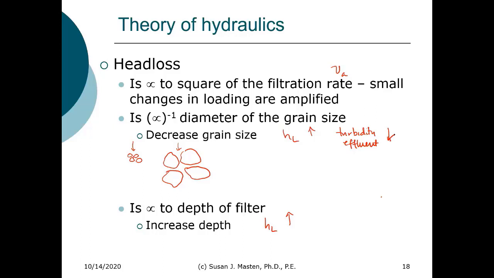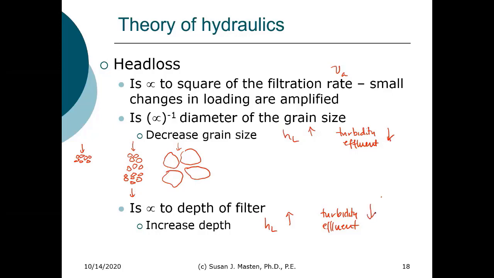So my removal efficiency increases, my water quality is improved. How about with depth? If I increase the depth of my filter, we increase the head loss, but what happens to the turbidity of my effluent? So I have a deeper bed. Can I think about this here? Get all of this media here versus this media. Then you have a couple layers. Which one's going to give us a better quality effluent? You're right, it'll decrease.